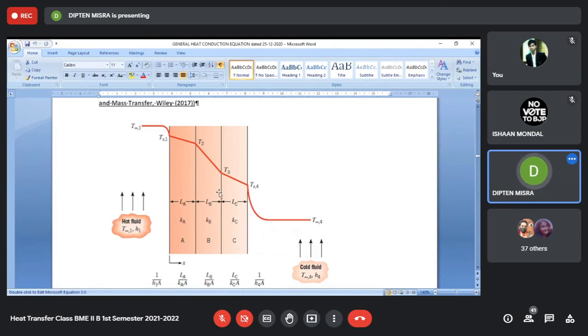You cannot interchange these layers, because if the temperature here is sufficiently high, then you can use a certain material over here, and you cannot put the other materials in a different order, because they are adding to the resistance.